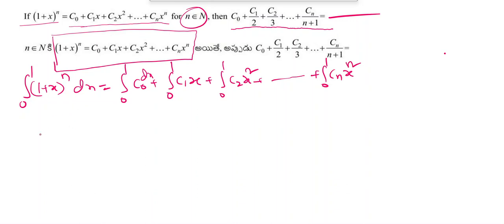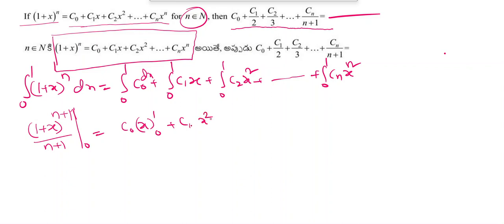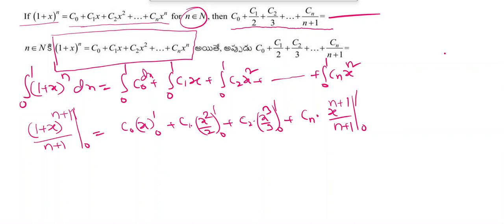The integration of (1 plus x) whole power n is (1 plus x) whole to the power of n plus 1 by n plus 1 from 0 to 1, equal to c0x from 0 to 1, next c1 into x square by 2 from 0 to 1, plus c2 into x cube by 3 from 0 to 1, plus cn into x power n plus 1 by n plus 1 from 0 to 1.